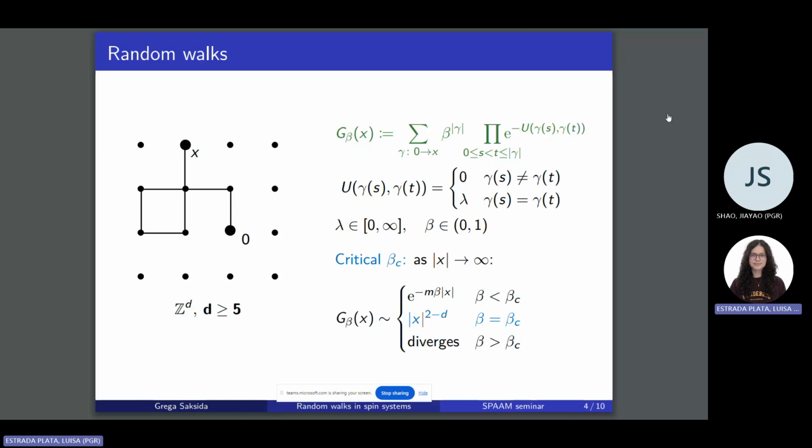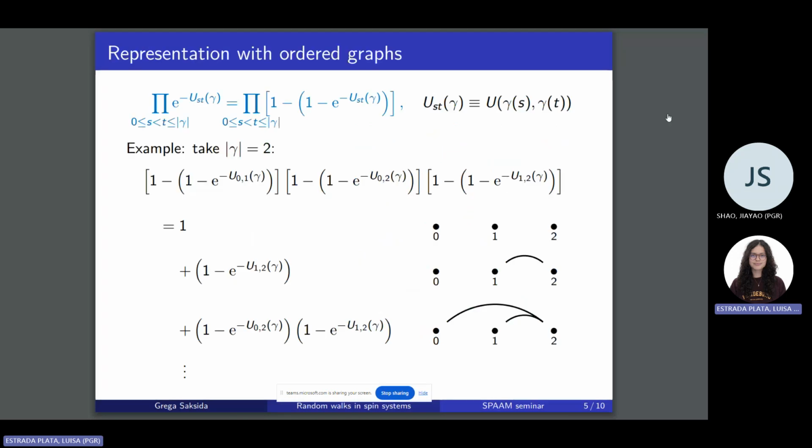Above the criticality, this function diverges, and at criticality, we get a polynomial decay. And again, this decay is the hardest one to obtain, usually. And so I will now show a technique called lace expansion, which I've been studying, which is quite useful in these settings, which usually allows us to get these kinds of criticalities.